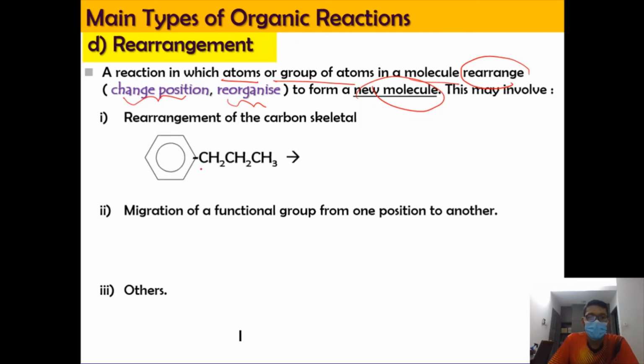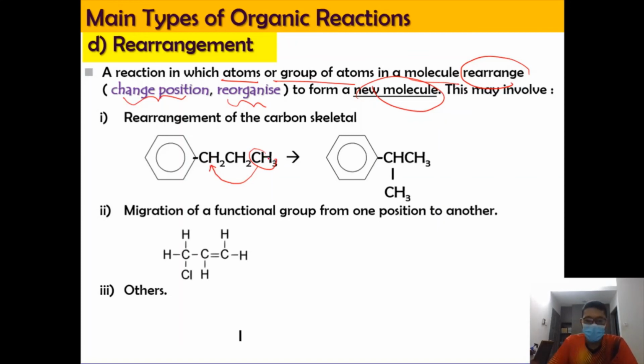For example, a benzene ring attached with CH2, CH2, CH3, and then it will create another isomer of CH, CH3, and CH3. Okay, so basically it has the same molecular formula, but the rearrangement of the carbon skeleton is being different. Okay, it will be transferred there.